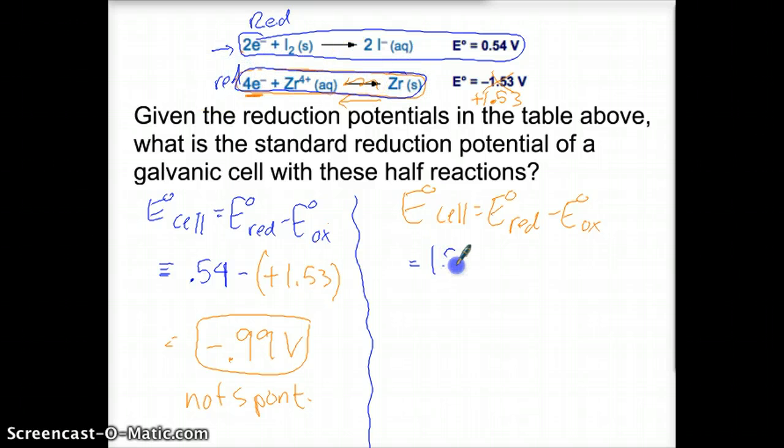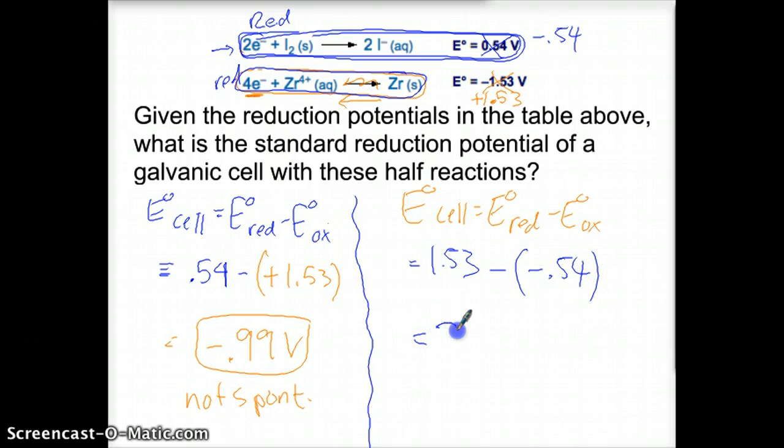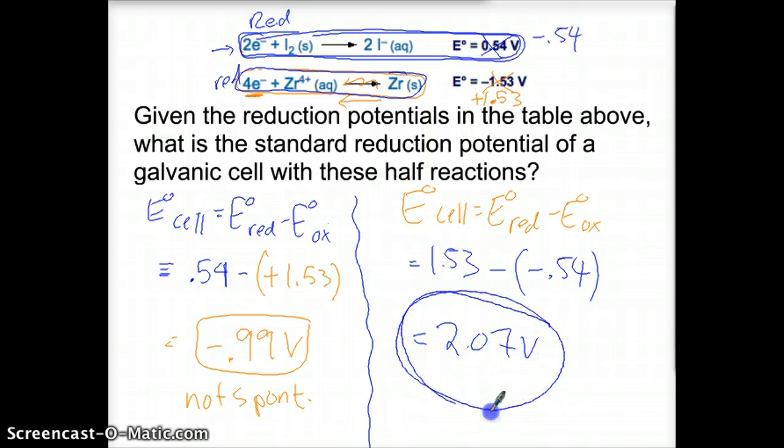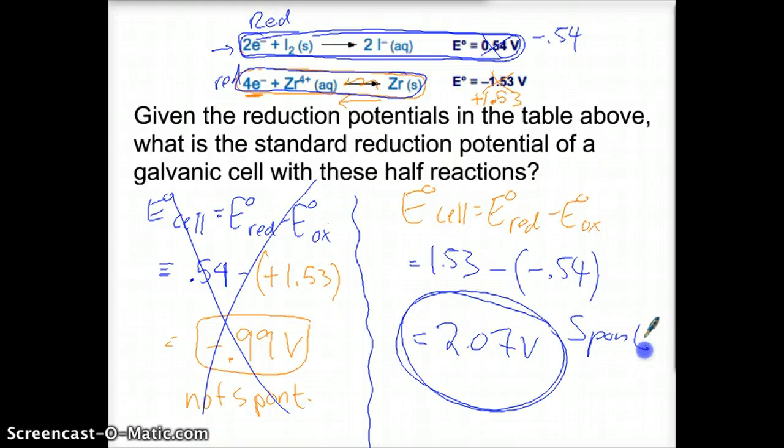So I'll have 1.53 minus, since the iodine now needs to be getting oxidized, I'm going to flip this to make it negative 0.54. And now if I go ahead and do the math there, if I add these numbers up, I get 2.07 volts. So this would be the voltage formed with these two half reactions. A battery with a voltage of 2.07. This is a spontaneous direction.